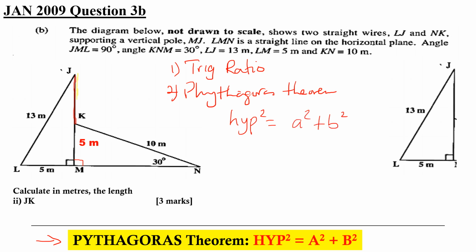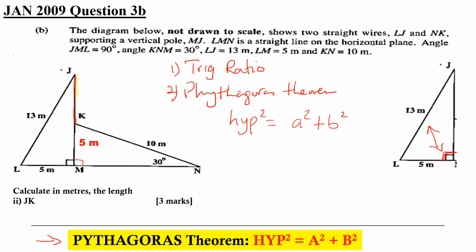Now we need to label this triangle. When we say label, it is to identify which side is the hypotenuse. And the hypotenuse is the side that is opposite to the right angle, and that is JL, 13.